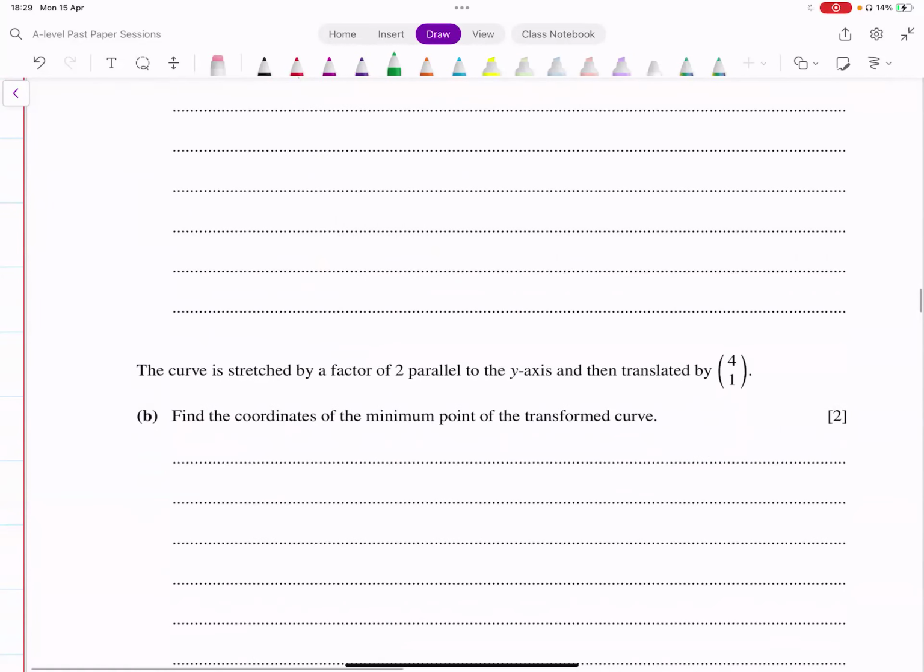Okay, now we have transformation. It says the curve is stretched by a factor of 2 parallel to the y-axis and then translated by 4, 1. Find the coordinates of the minimum point of the transformed curve. So how do we think about this now?